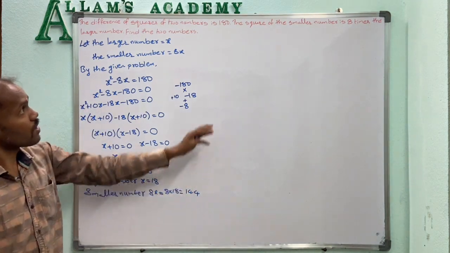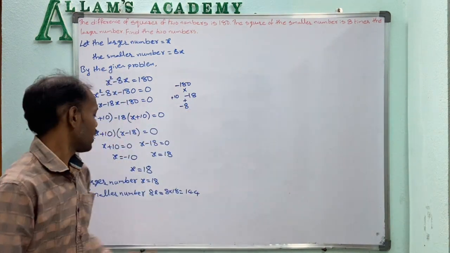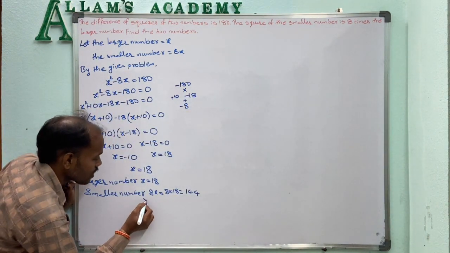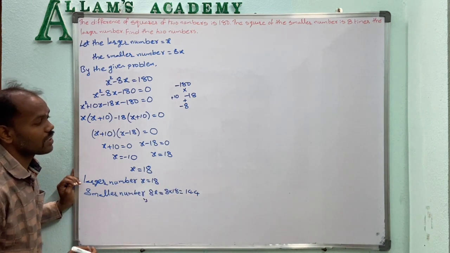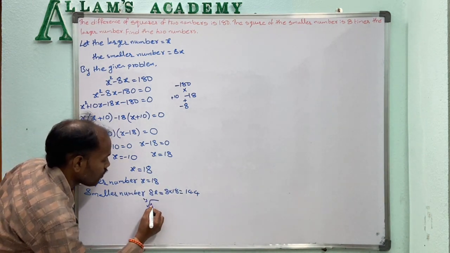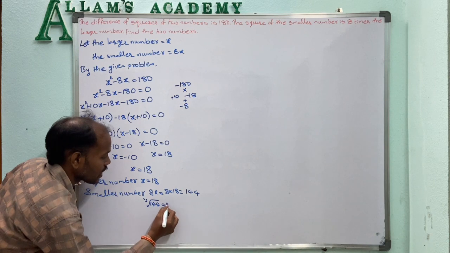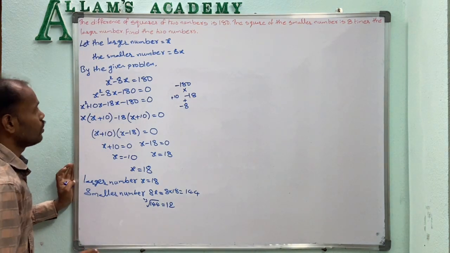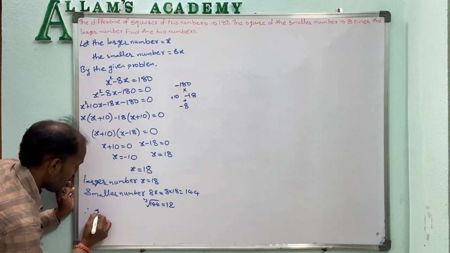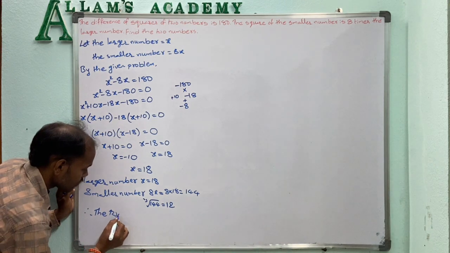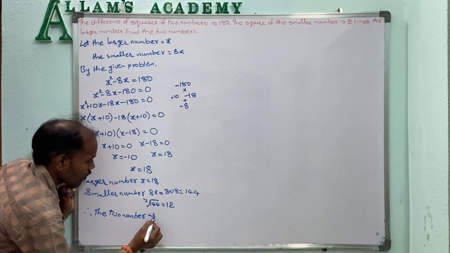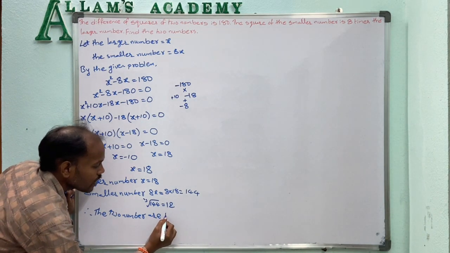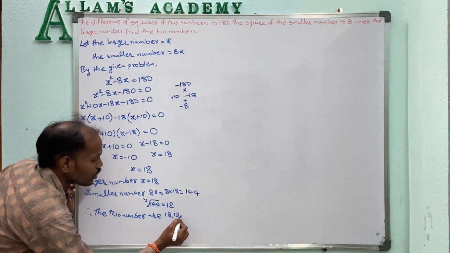So the square of the smaller number is 144, which means the smaller number is the square root of 144, that is 12. So the two numbers are 18 and 12.